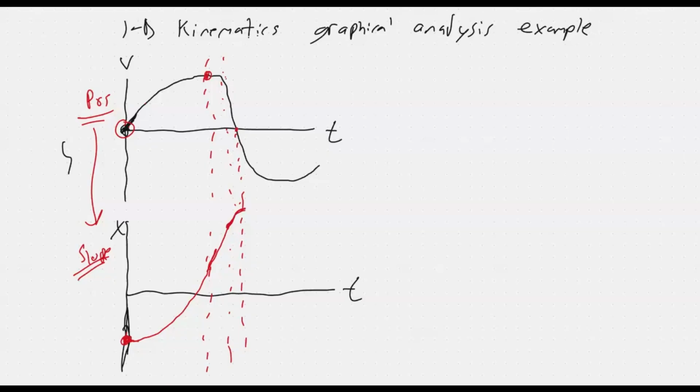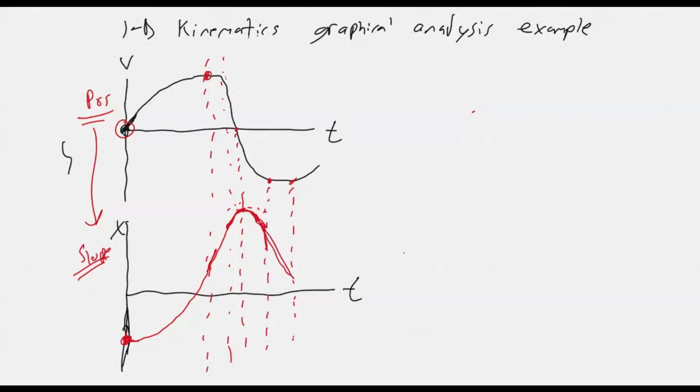After that point in time, the slope gets negative, and increasingly more so until about this point in time. Well, that means between these 2 points in time, we would get an increasingly negative slope. Something like that. And then from this point to about this point, we have a constant negative value, which means we'd have a constant negative slope.